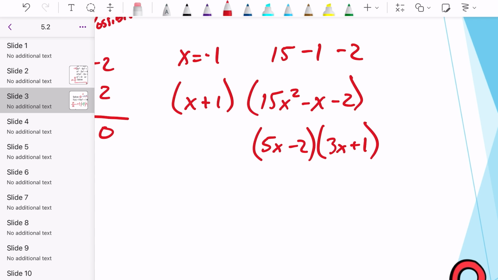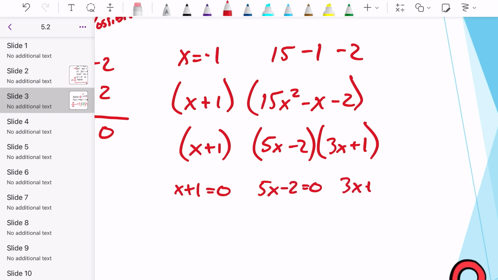Our other factor of x plus 1 drops down. Keep in mind, all of these factors will be equal to 0 in order to determine what the value of each one would be. So in this case, x plus 1 is equal to 0. 5x minus 2 is equal to 0. 3x plus 1 is equal to 0.